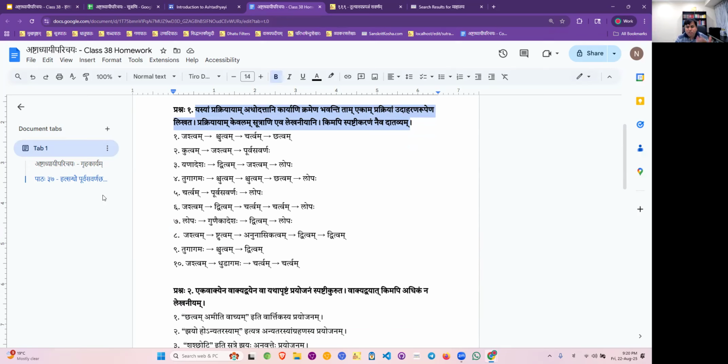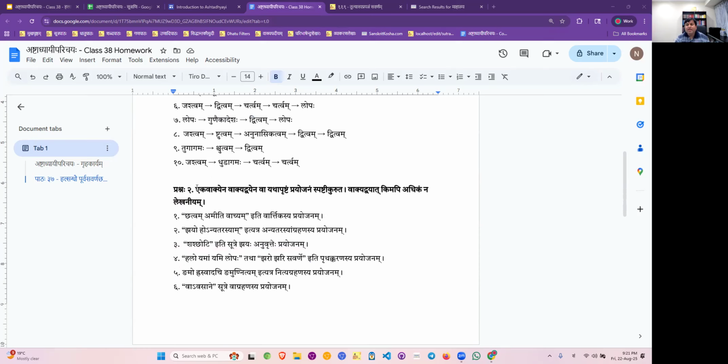So it must be Jashtva followed by Dvitva followed by Chartva followed by another Chartva followed by Lopa. There might be something after it and there might be something before it. That doesn't matter. But that particular segment must be continuous. Tugagama followed by Shutva followed by Shutva followed by Chatva followed by Lopaha. This way, 10 exercises are there. This will phenomenally increase your understanding of the sutras.